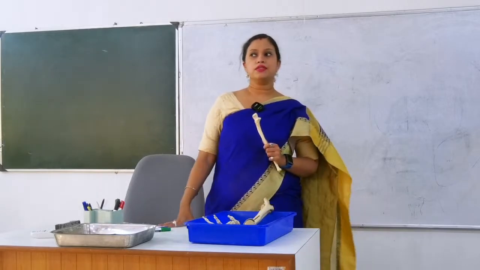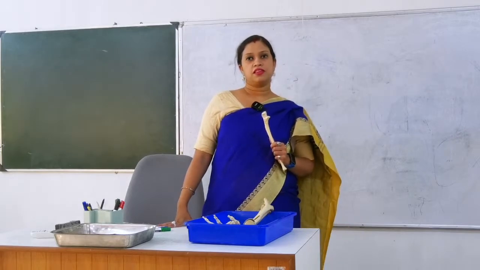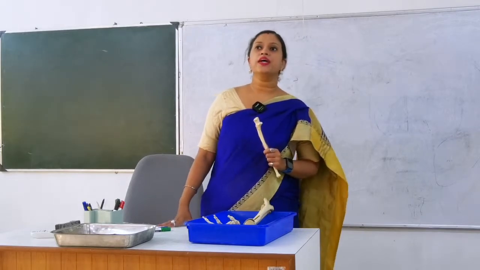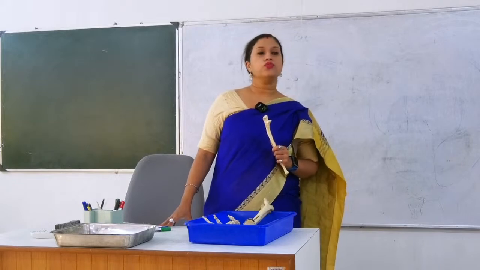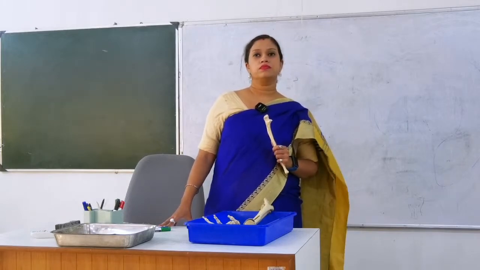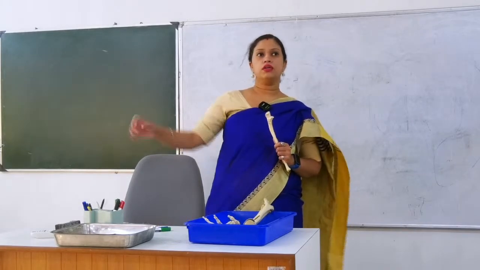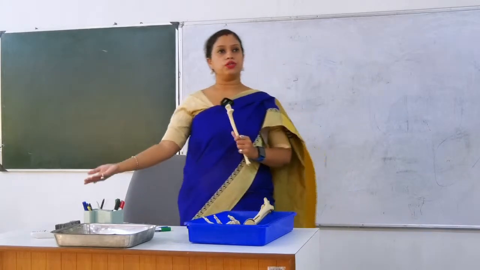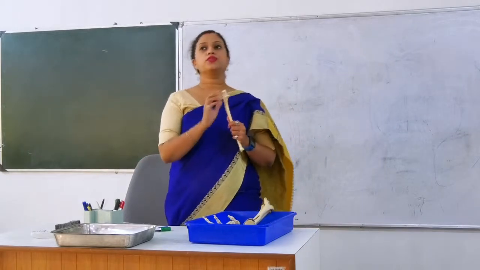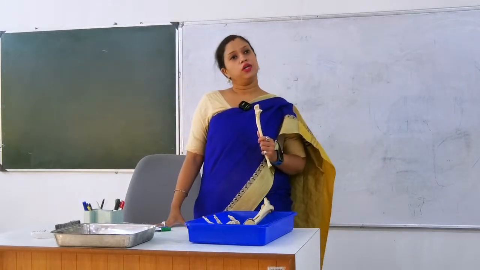Which type of joint is it? It is making the superior radioulnar joint. Which type of joint is it? Pivot joint. I told you, that is supination and pronation. So here is the attachment of the superior radioulnar joint.